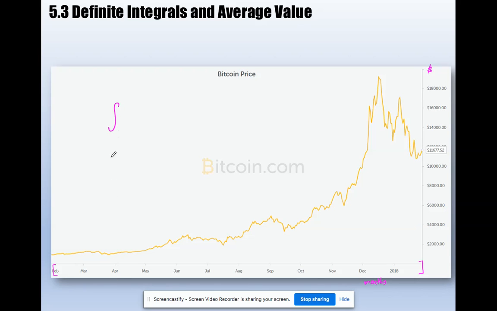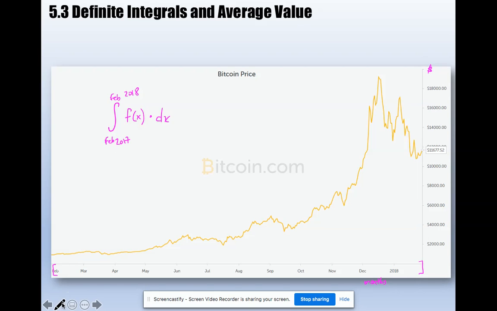If you were to integrate this Bitcoin function, you would be integrating the Bitcoin function times those domain values, starting in February and stopping, maybe it's in February or January, I don't know, of 2018.